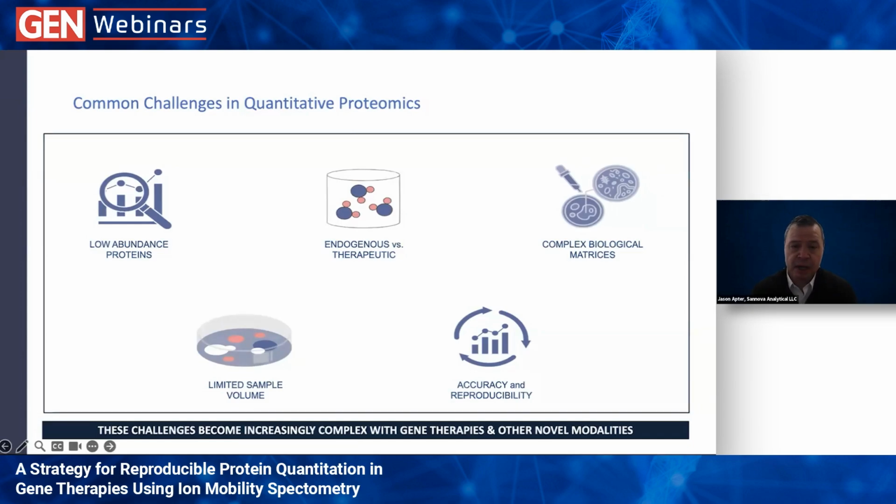And Mark, as you talked about new delivery systems, as we get delivery into different areas of the body and the different organoids, the complexity of these samples is getting more and more challenging. And then some of the other things, with limited sample volume and the continued need for accuracy and reproducibility, it's clear that there are some common challenges that have always revolved around and have helped the field evolve.